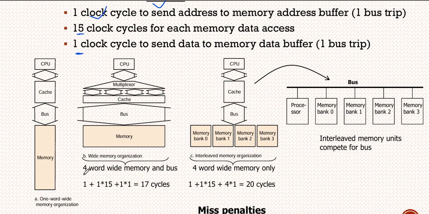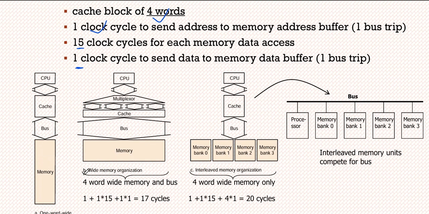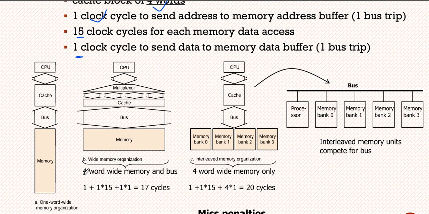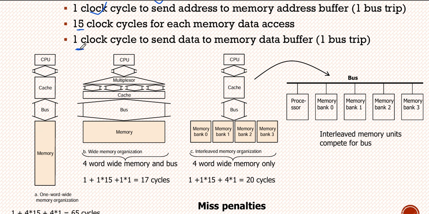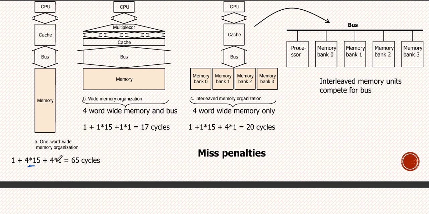Secondly, you also need 4 times one clock cycle to send the data on the bus. So you need 4 cycles, because even if you fetch the data word by word, for each word you fetch, because the bus is not wide, you need 4 cycles, since there are four words. So one by one, you need 4 cycles to send it. Plus the cycle needed to send the address to memory. Now, in the end, you get 65 total cycles.